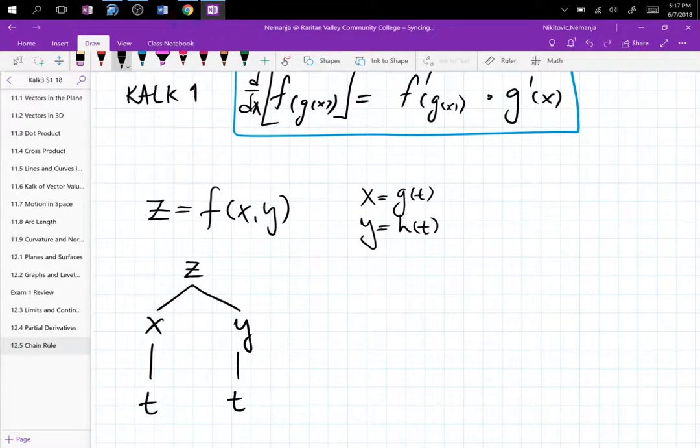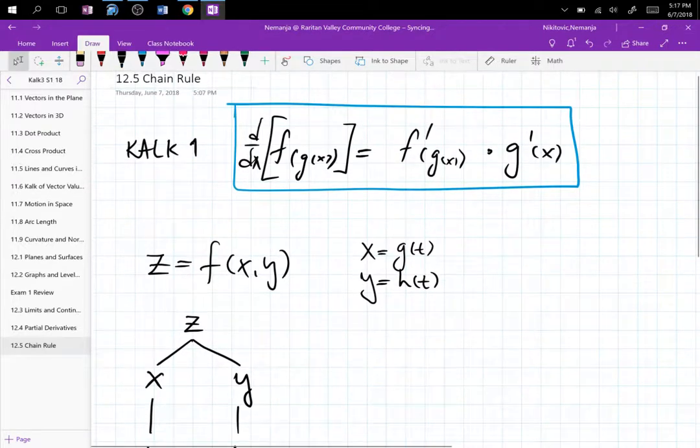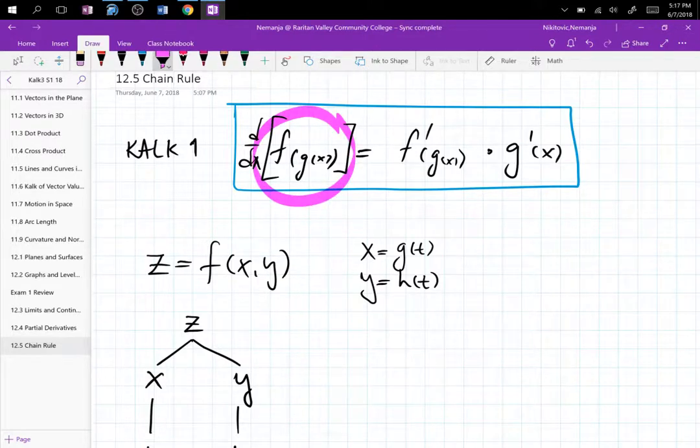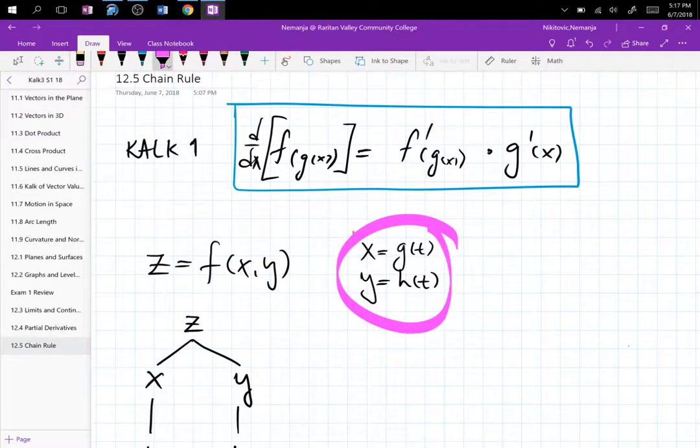So what is the chain rule part? Well, it's this extra stuff, g of t and h of t, which puts those functions inside. If you observe this notation here, you see that it's f of g. Now, if I am to insert these here and here, you will have f of g of t, comma, h of t. And that's what creates the chain rule.